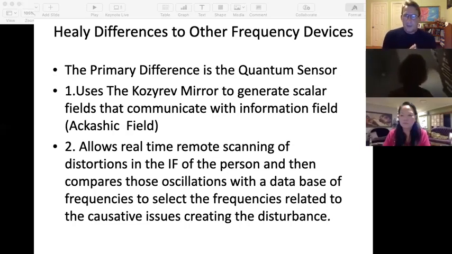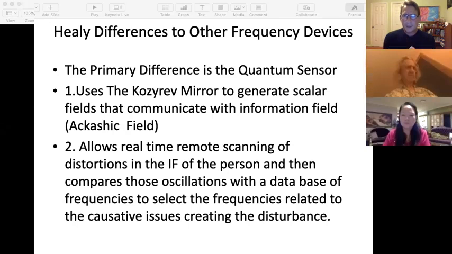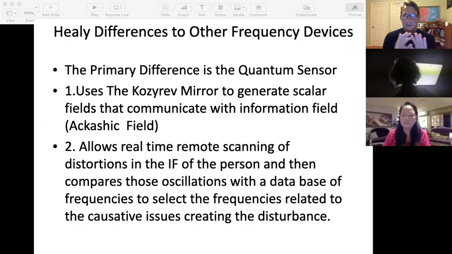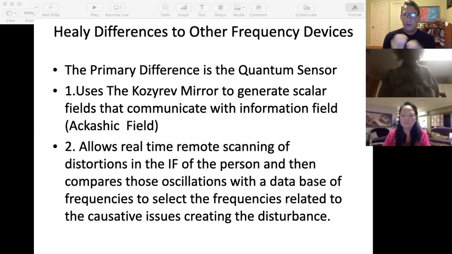The circuitry of the unit is enclosed in this chamber, and the chamber does two things. It provides shielding against the Earth's electromagnetic field, and by shielding the Earth's electromagnetic field, it stops interference with the signals coming in and out of the device.